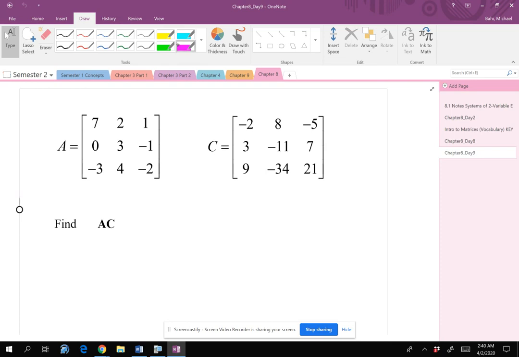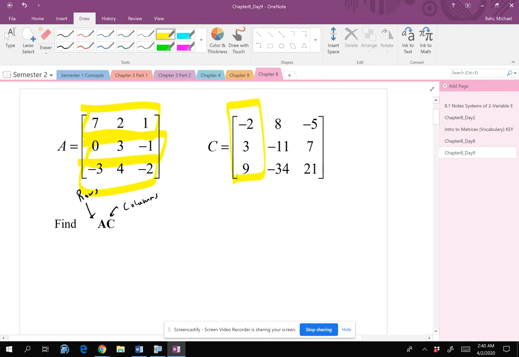Anyway, so just like in the other video, for the first matrix, we're only gonna focus on rows. So the 1, 2, and 3 rows, and then for the second matrix, we're only gonna focus on its columns. So just the columns.